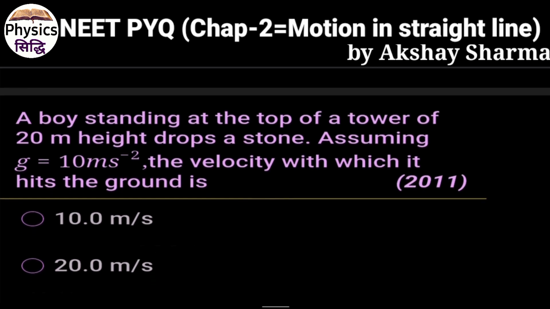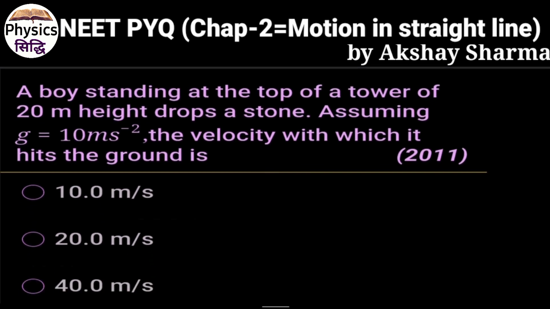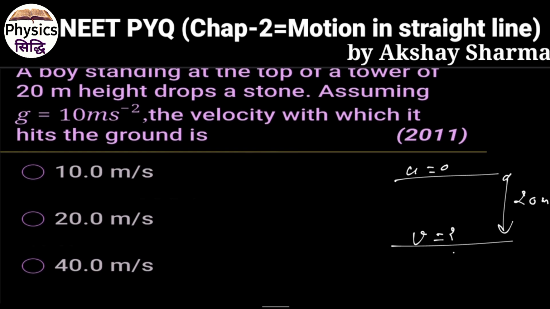A boy is standing at the top of a tower of 20-meter height, drops a stone, assuming g is 10 meter per second square. Find the velocity with which it hits the ground. So we have to count the velocity v, and u is 0. Dropping a stone means free fall.